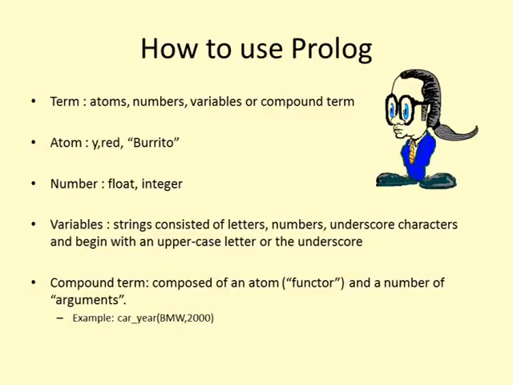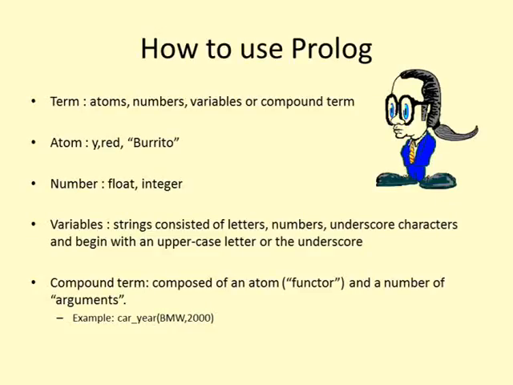A compound term is composed of an atom, which is called a functor, and a number of arguments, which are terms. Compound terms are ordinarily written as a functor followed by a comma-separated list of argument terms, which are in parentheses. The number of arguments is called the term's arity.